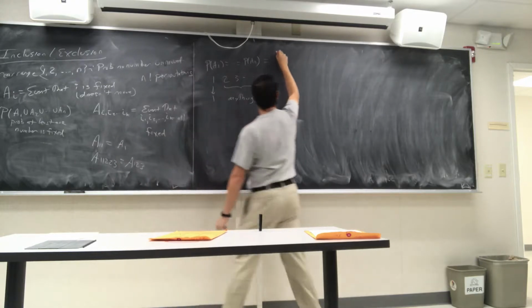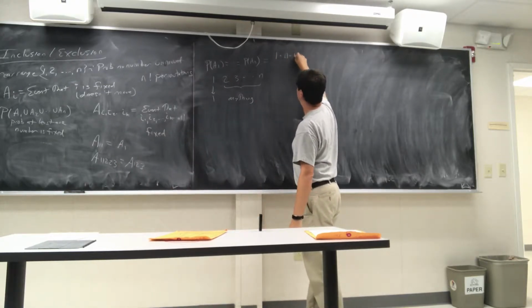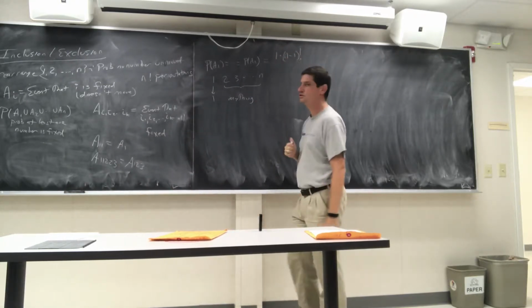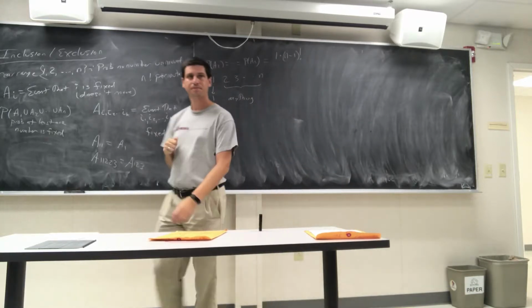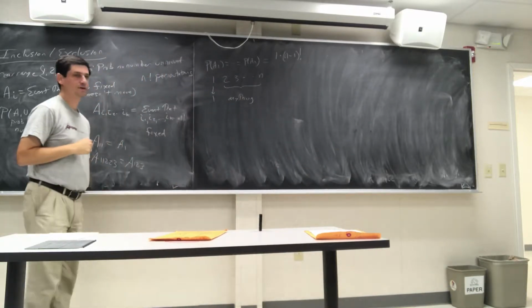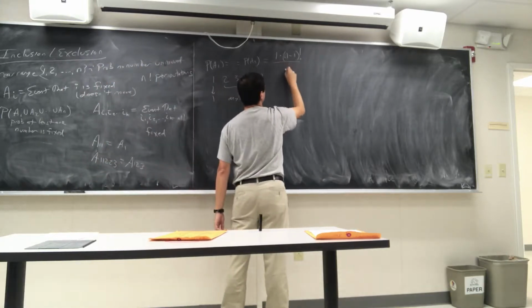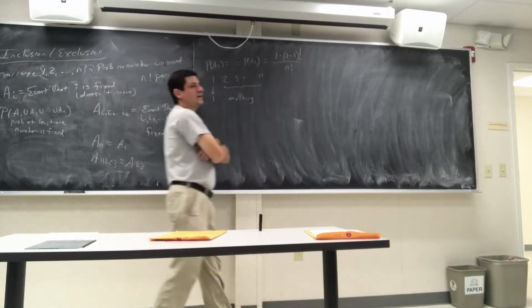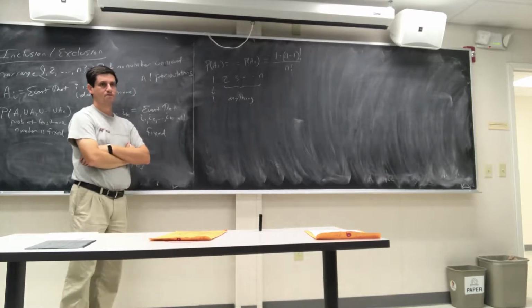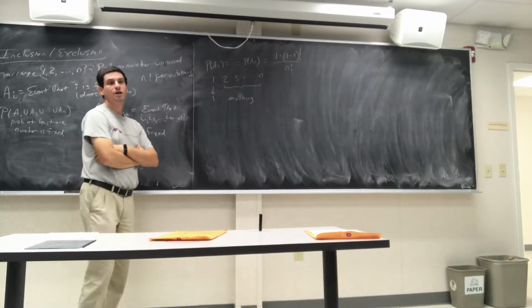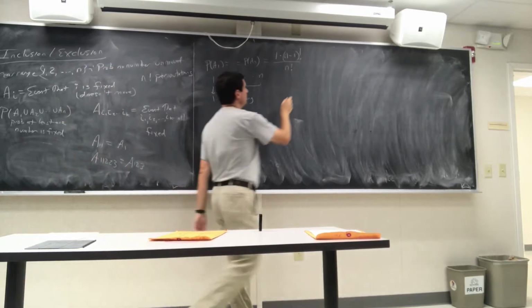So the first number is fixed, and then I have n minus 1 factorial ways to change around everything else. And then what do I divide this by? N factorial. Can you simplify this? Sure. I don't know if it's worth simplifying, but I will just write the simplification for now.